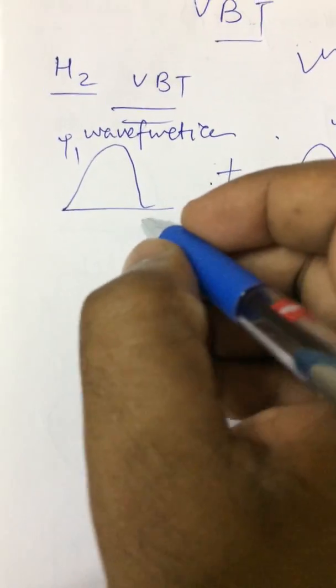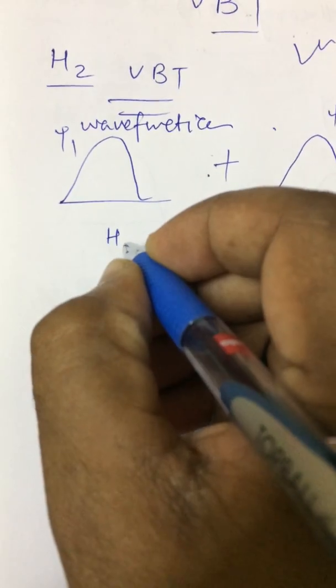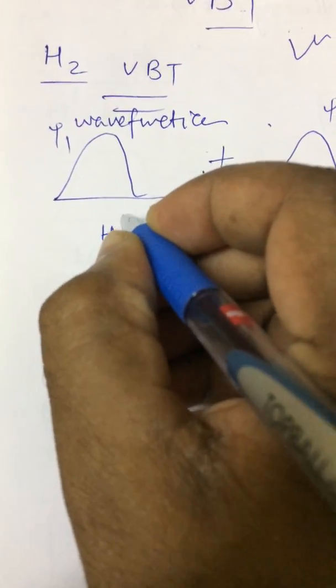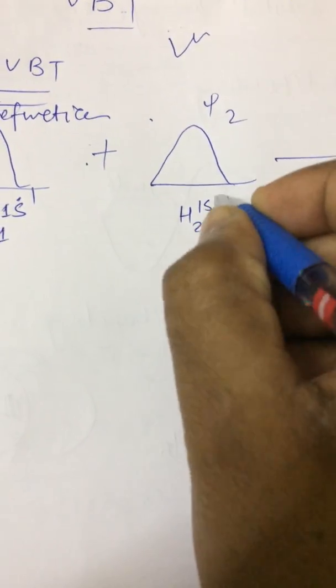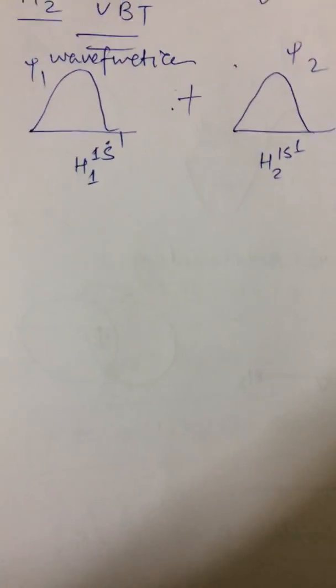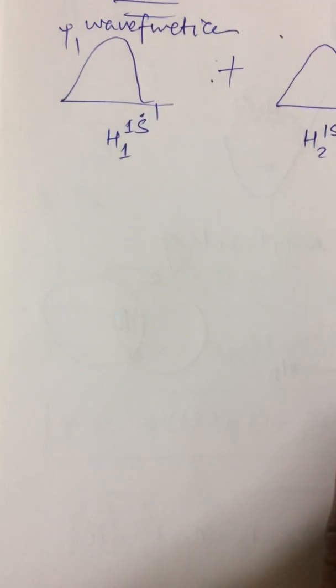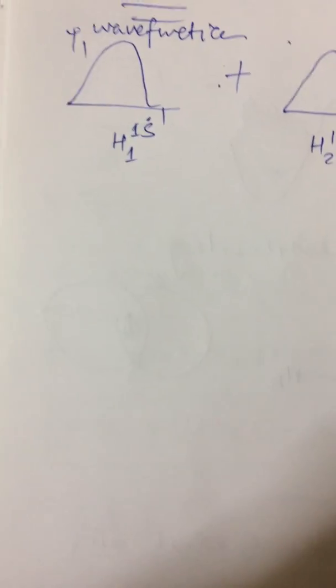This is for H1, let's say named S1, and this is S2 for the second hydrogen, because both have a single electron. So how do they form the orbital by mixing of two atoms?